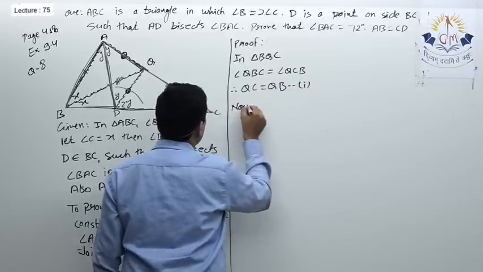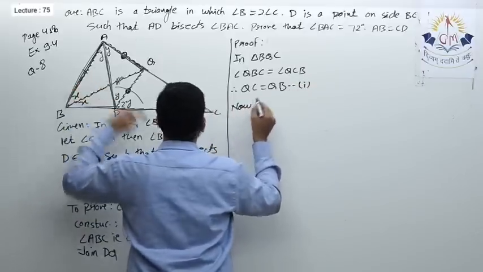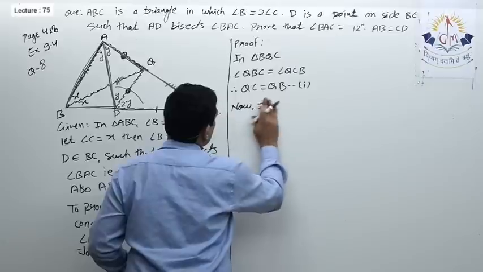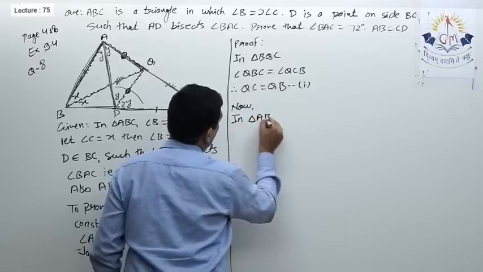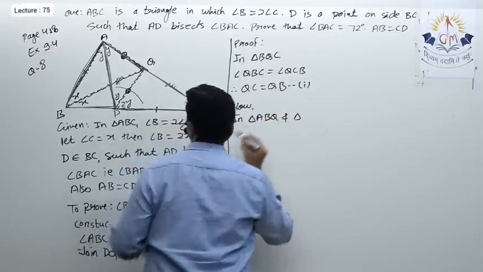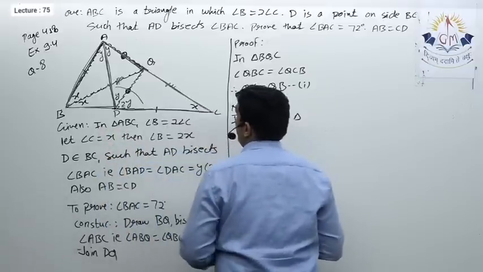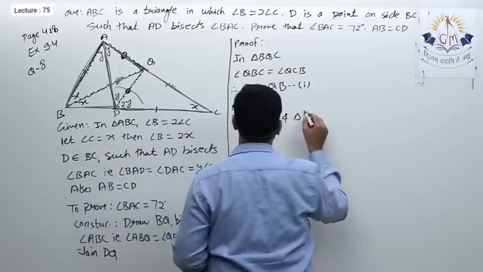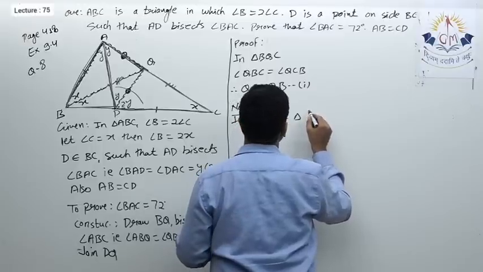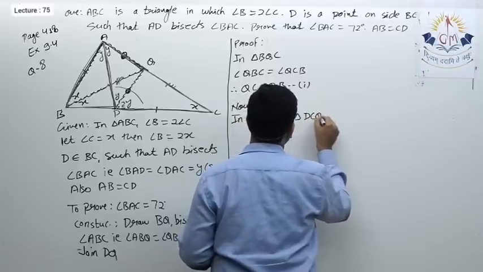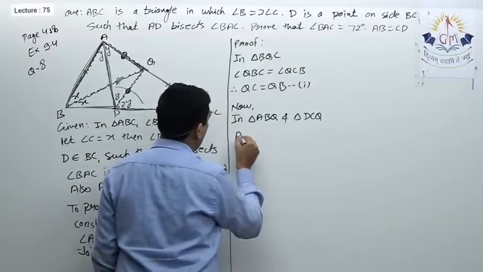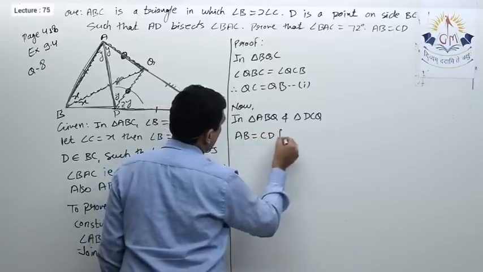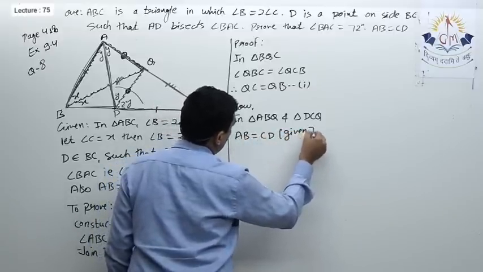Now we come to the triangles. Now in triangle ABQ and triangle DCQ, we have AB equal to CD, that is given.